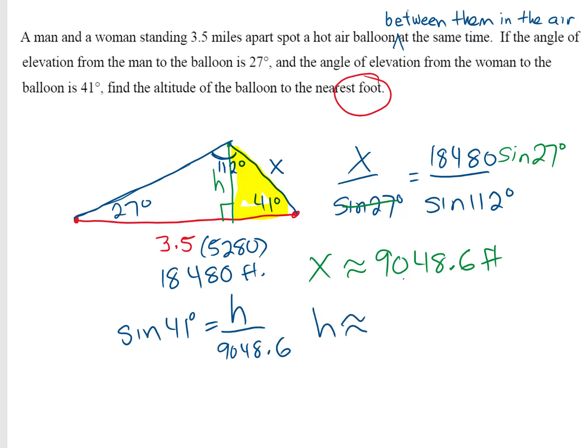So the height, and we're going to round it to the nearest foot, is going to be sine 41 times this 9048.6. And it looks like we get 5,936 feet to the nearest foot.